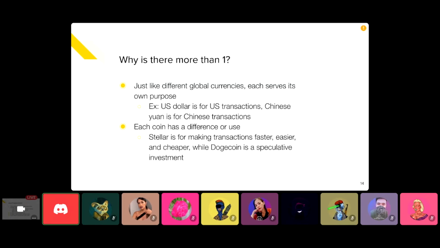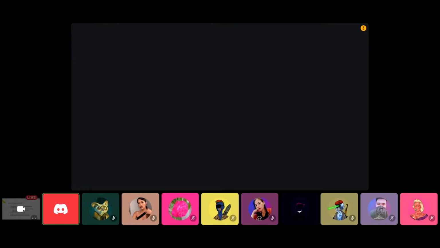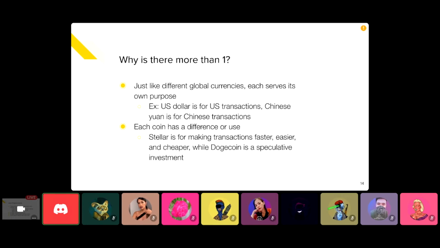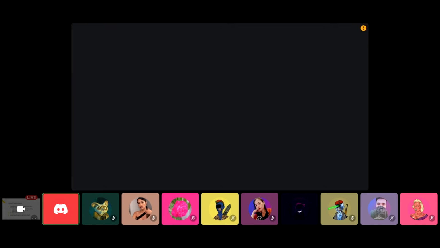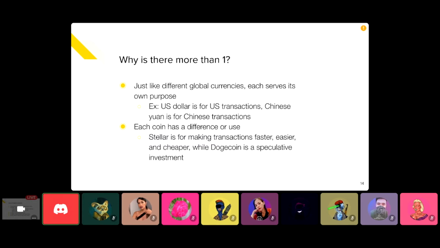For example, Bitcoin is mainly used as a currency exchange, while Stellar is a crypto that is used for making transactions faster and easier, and Dogecoin is a speculative investment, which means that you're investing in it with the hope that it will become more valuable in the future, but you don't have any clear reasoning of why it makes a good investment.